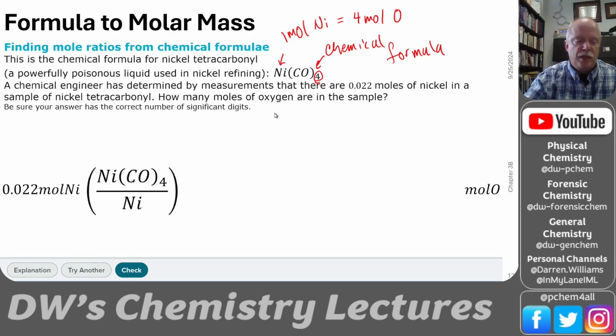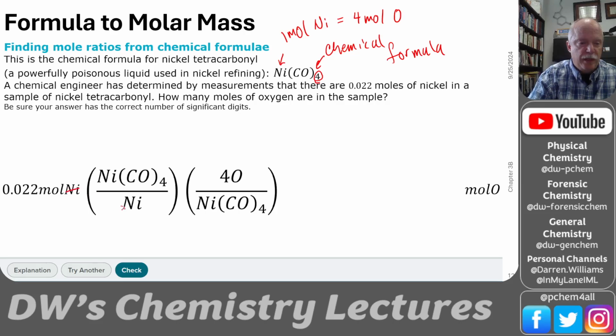We can see that in this molecular formula there's 1 mole of nickel and 1 mole of this formula, but then this formula has 4 moles of oxygen. And so again, if we were to cancel everything out, we would be canceling the nickel, we'd be canceling this formula here, and we would multiply 4 by 0.022, and we'd have that many moles of oxygen. So 0.088 moles of oxygen.